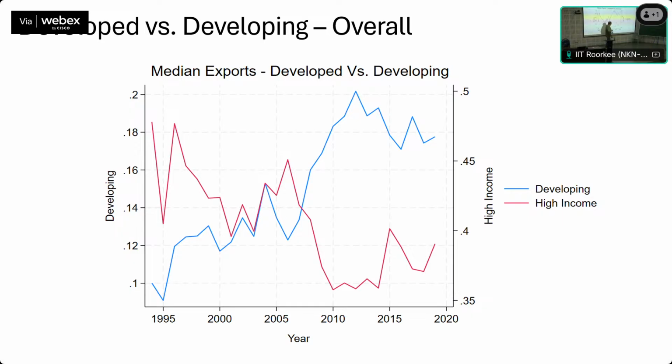Cut to year 2020, this dropped from 0.47 to less than 40%. So about a 20% drop. And developing has increased from 10% to 18%.